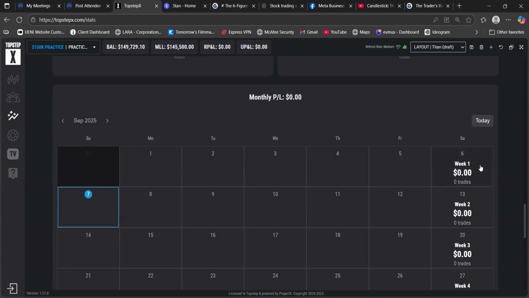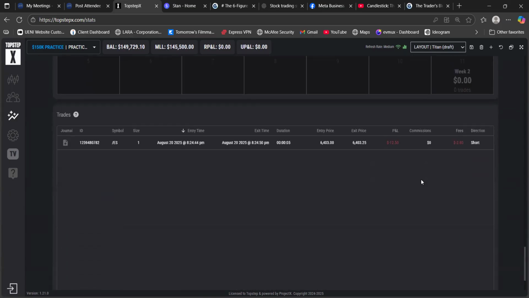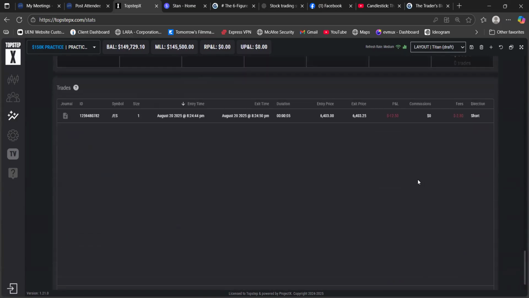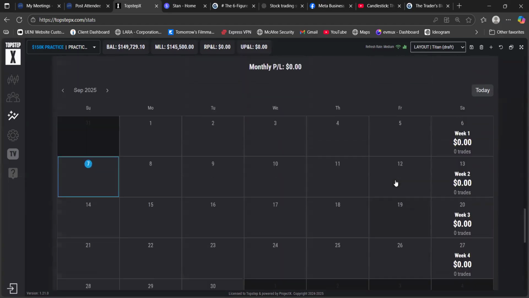It's going to show your weekly trades, how many trades you made, and your profit loss at the end of the week. And it's going to show each individual day that you make a trade, how many trades you made in that day. Trust me, the less trades you make, the more money you usually make. When you start getting out there making a bunch of trades, this number over here at the end of the week doesn't look good.